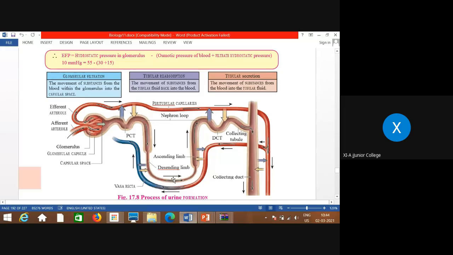And as it takes the U-turn to the ascending limb, this thicker part, being impermeable to water and permeable only to electrolytes, only ions like NaCl can be reabsorbed or passed out.